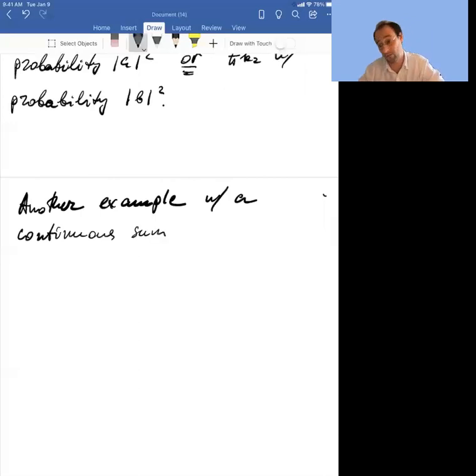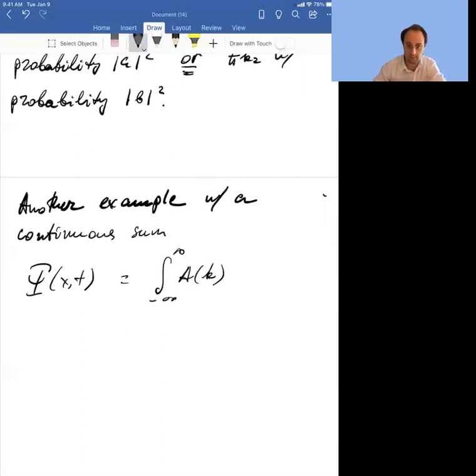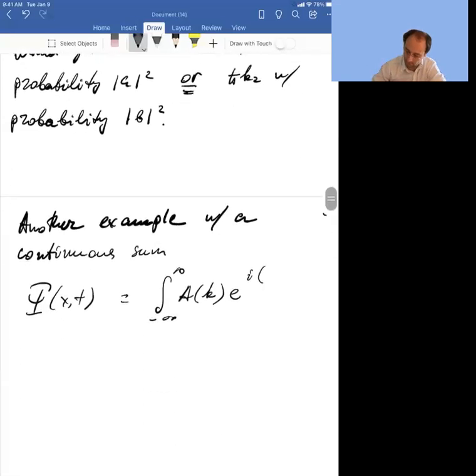A continuous sum has a name. It's called an integral. Omega is a function of k. It's not an independent thing.